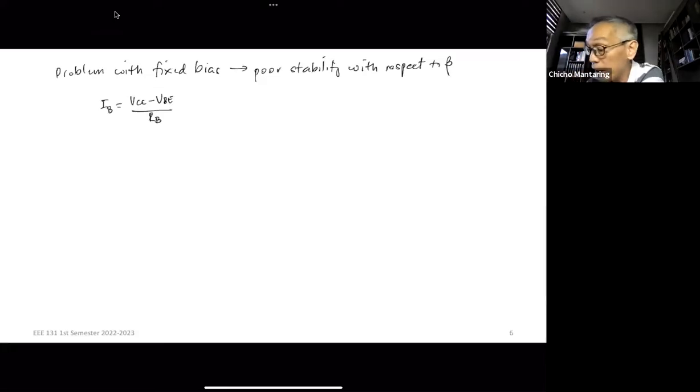Note that assuming VBE is fixed at 0.7 volts, and of course VBE can vary, but assuming it's fixed, I sub B is fixed.